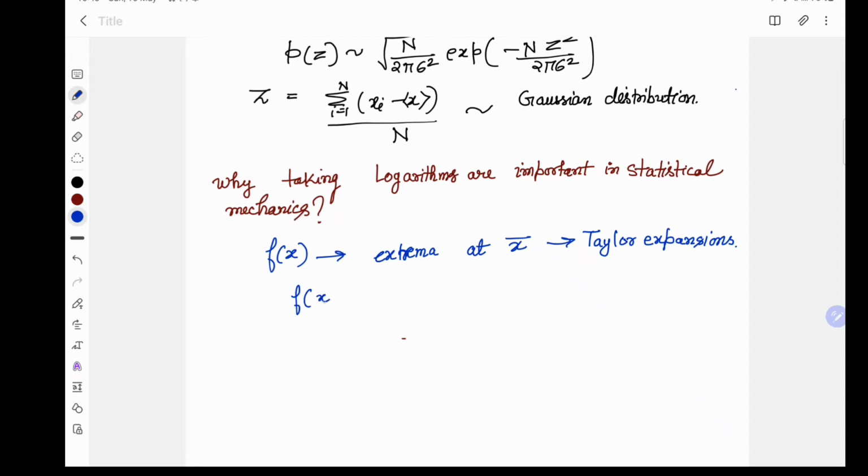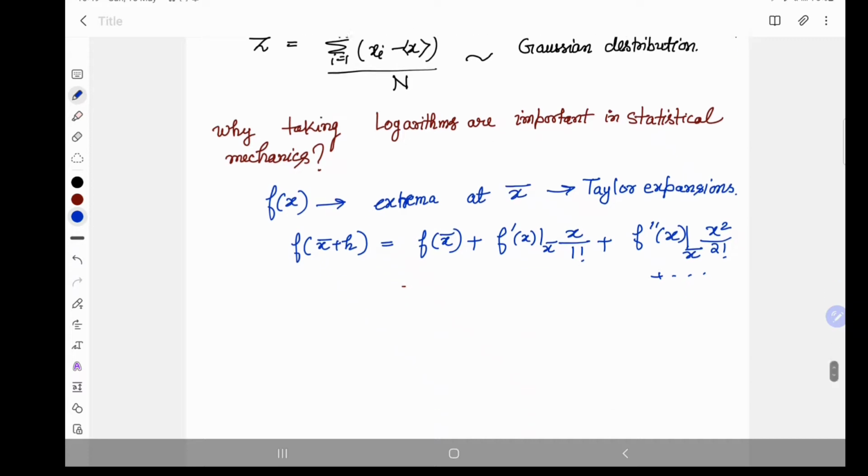So one can Taylor expand this near x bar: f of x bar plus f prime at x bar times x by 1 factorial, plus f double prime at x bar times x square by 2 factorial, and so on. And one can neglect the higher order terms, as we do in Taylor expansion.